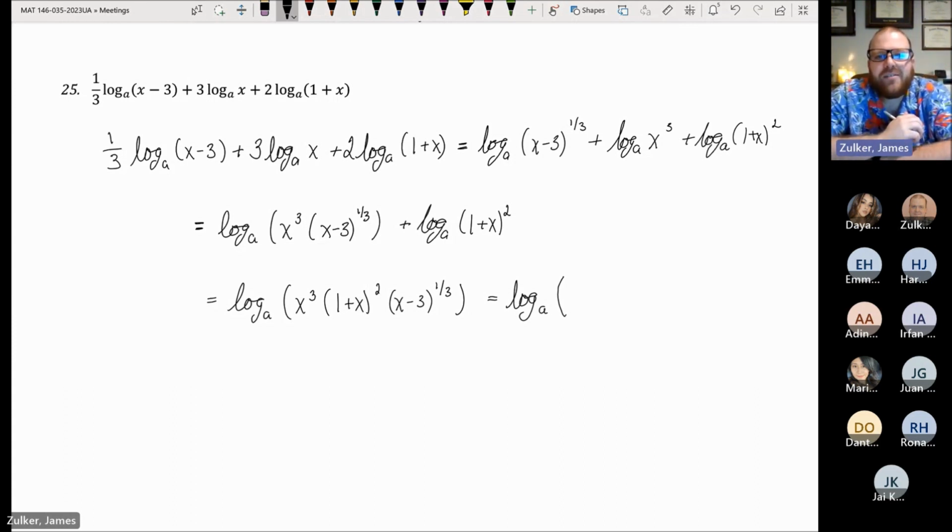Typically for variables, we don't. It's more customary to leave this as a 1/3 because it's x minus 3. But it doesn't matter, right? You could write it as the cube root of x minus 3. That's fine.